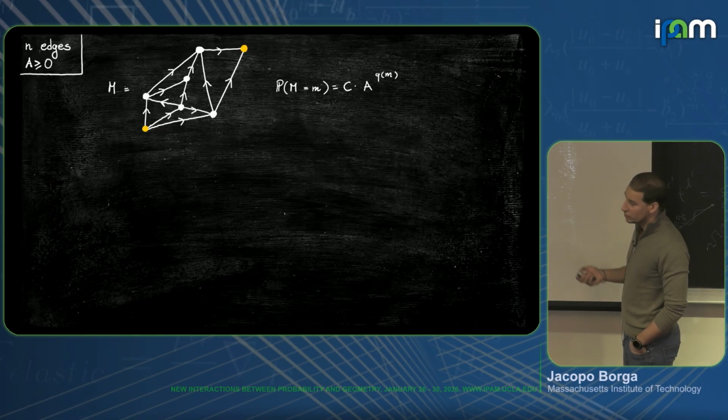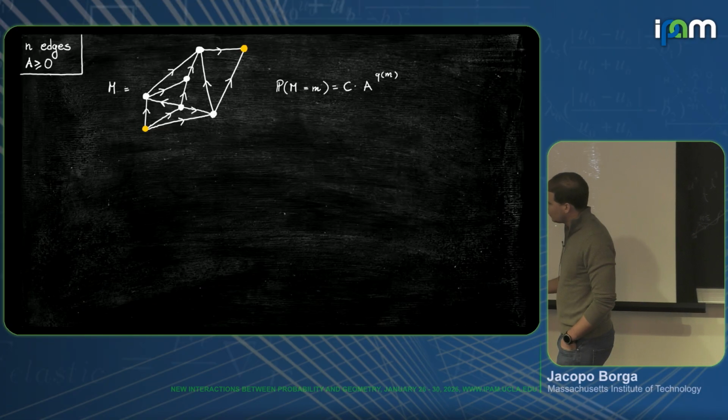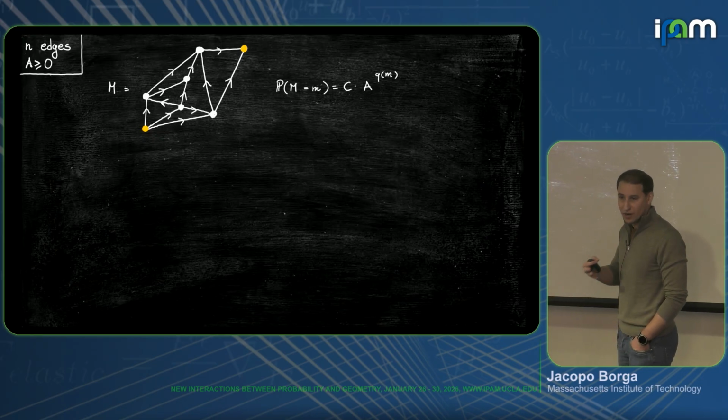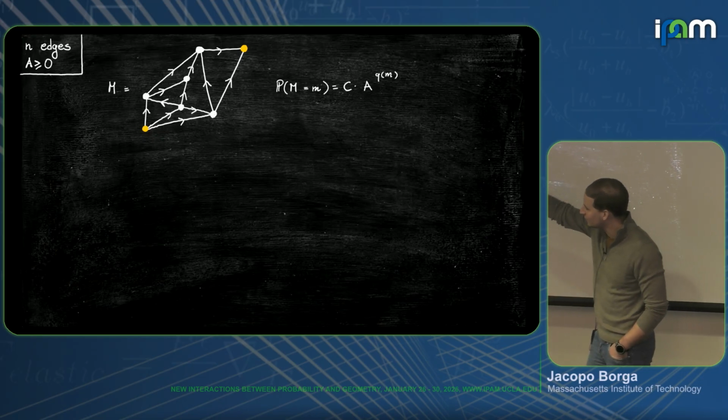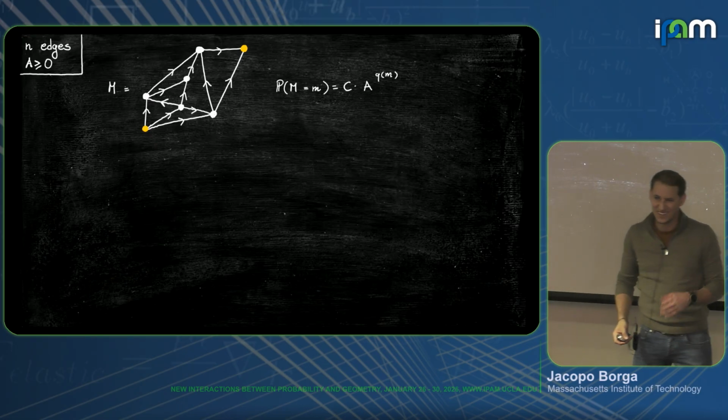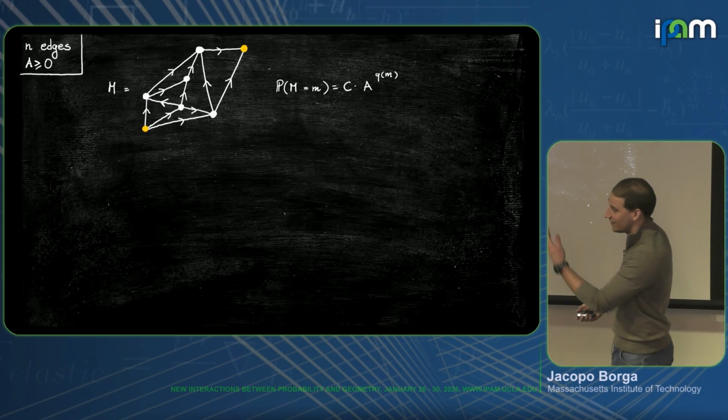I'm fixing n edges, and A is a constant. And here there is a lot of numerology. I wrote down all the formulas that you will see along the way here. They're not very important, but if you want, they are there.